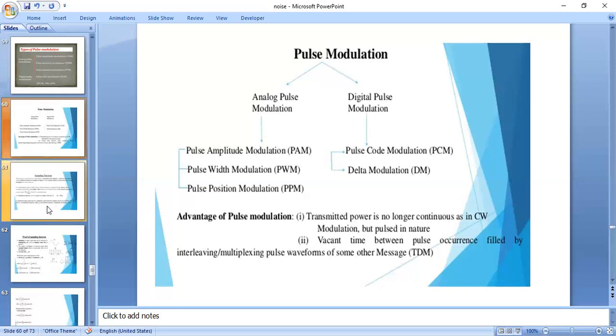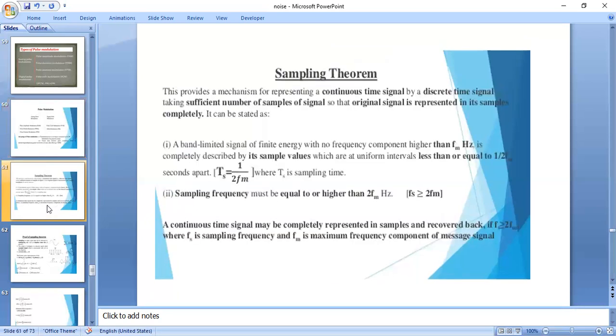In pulse modulation, the most important technique is the sampling theorem. What is sampling? Sampling is representing a continuous time signal as a discrete time signal by taking a sufficient number of samples to represent the original signal.